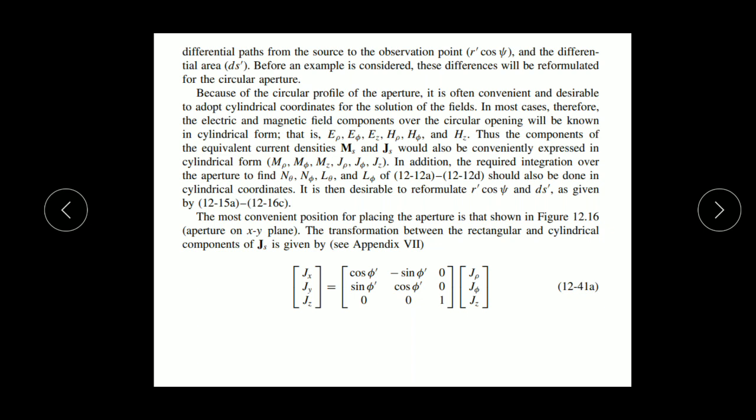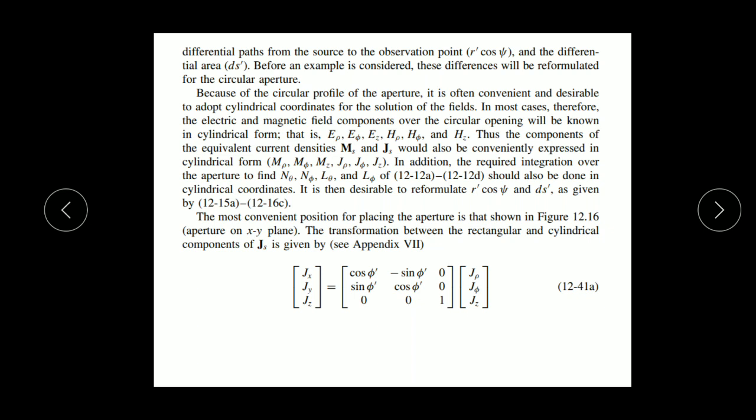Because of the circular profile of the aperture, it is often convenient and desirable to adopt cylindrical coordinates for the solution of the field. In most cases, therefore, the electric and magnetic field components over the circular opening will be known in cylindrical form, that is E rho, E phi and Ez, and similarly for H, the components rho, phi and z.